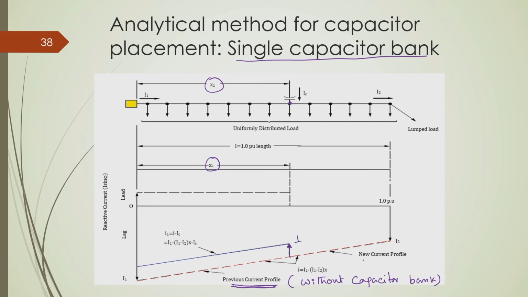So, this is the I c current, and due to that, this characteristic with the capacitor bank will follow the old profile up to this point.